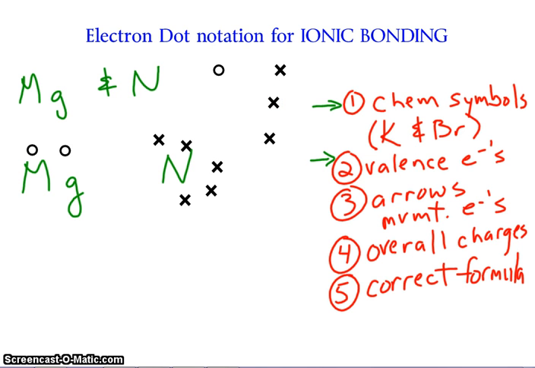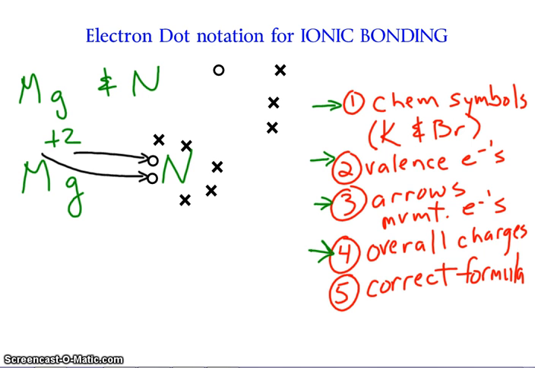Next, arrows to show movement of electrons. Well, this is going to come here. This is going to come here. The overall charge now on magnesium is +2 because it lost 2 negative electrons.